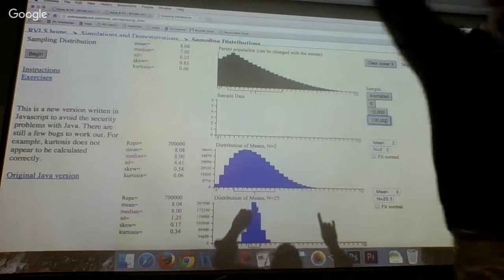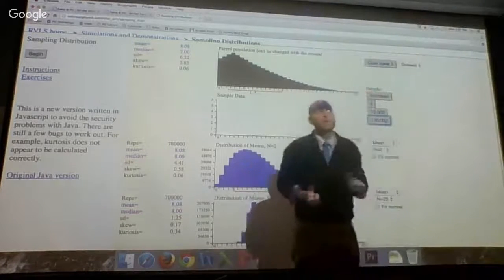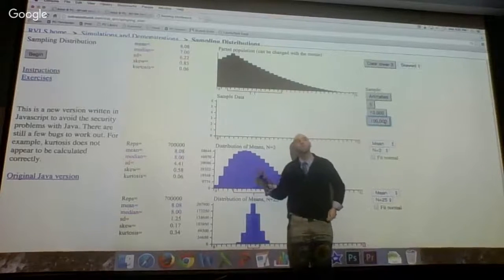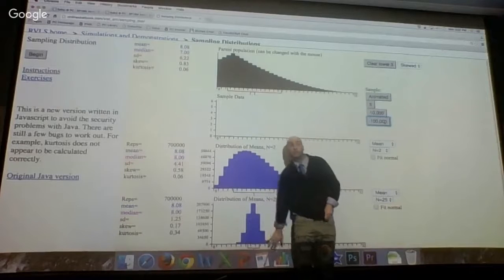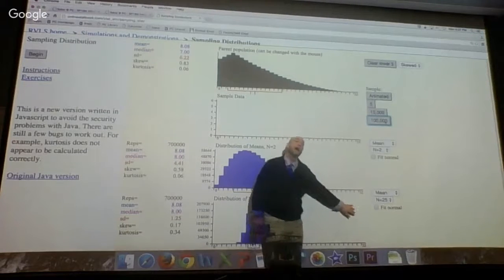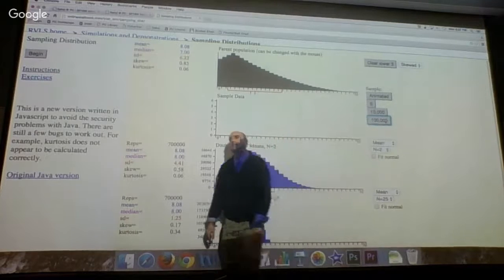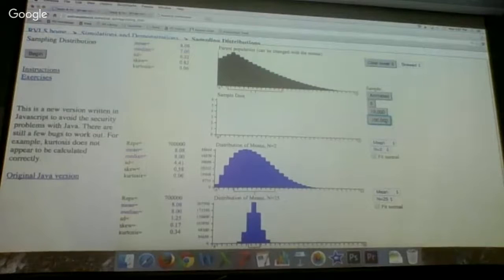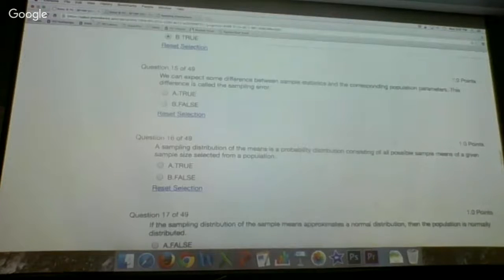For this population, this is the sampling distribution of the sample means for sample size n equals 2. For this population, this is also a sampling distribution of the sample mean, but it's for sample size 25. So it depends on whether you're talking about sample size 2 or sample size 25. But as Chloe said, the answer is true.